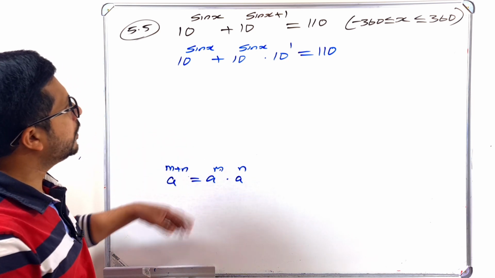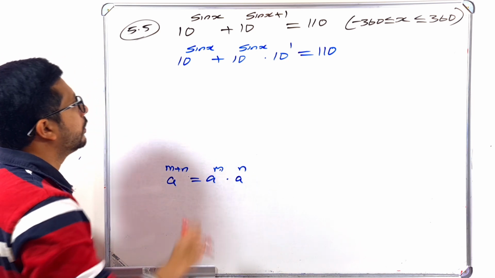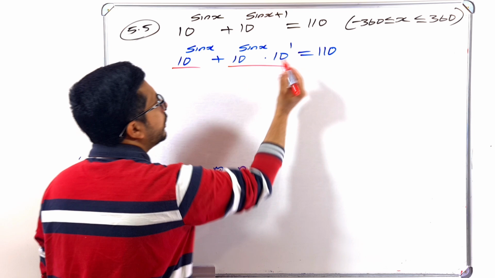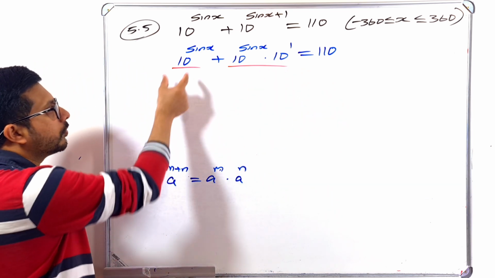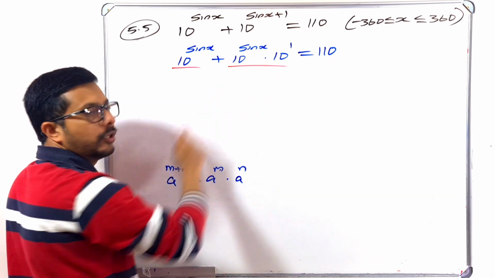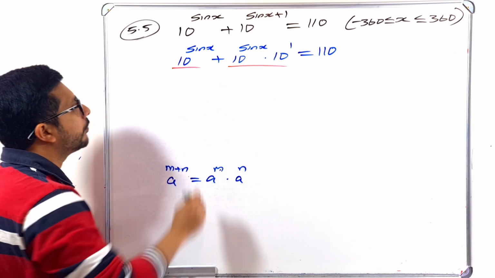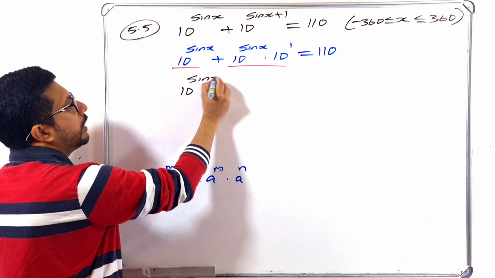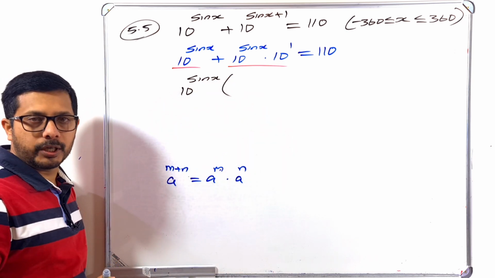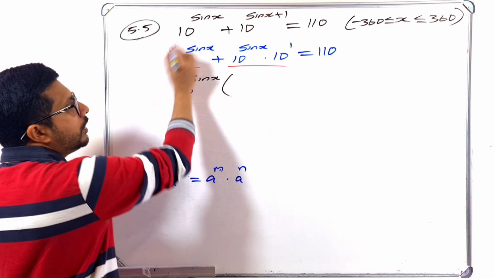So here you can see there are two terms. This is the first term and this is the second term. Is there any common factor there? Yeah, of course, this 10 raised to sin x is a common factor. So take that common factor, that is 10 raised to sin x. So what is remaining here?